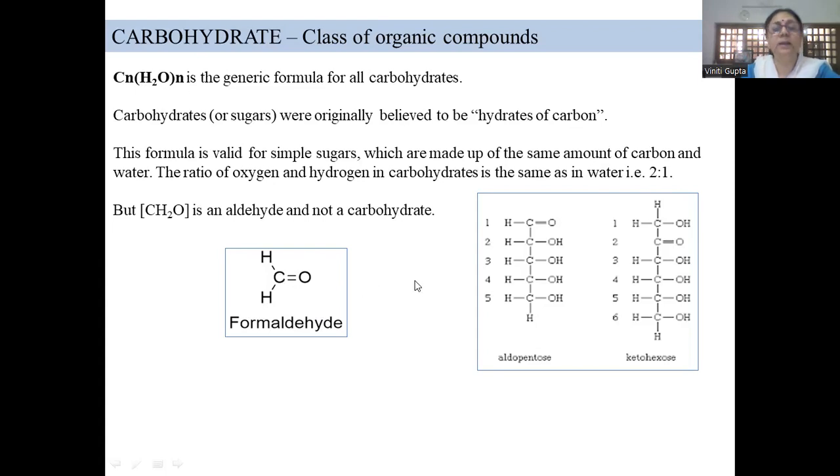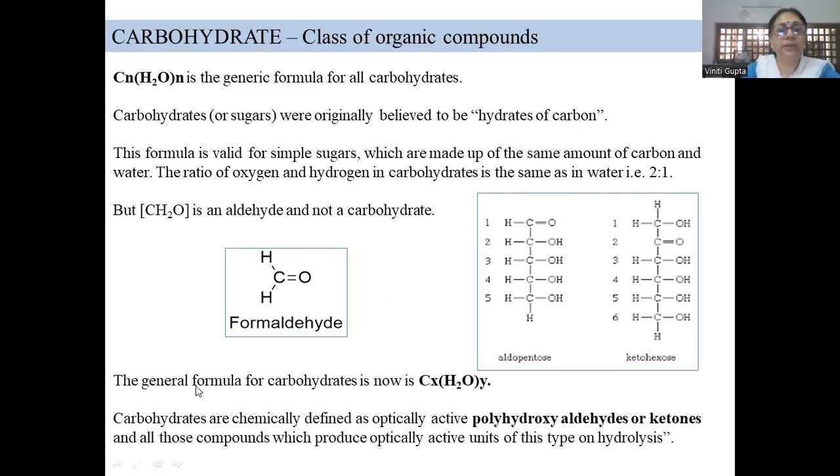On the other hand, there are certain carbohydrates, like a sugar called rhamnose, which is a carbohydrate but does not conform to this formula. So over a period of time, the general formula for carbohydrates has evolved to CxH2OY, which means that the number of carbon atoms may be different from the number of water molecules.